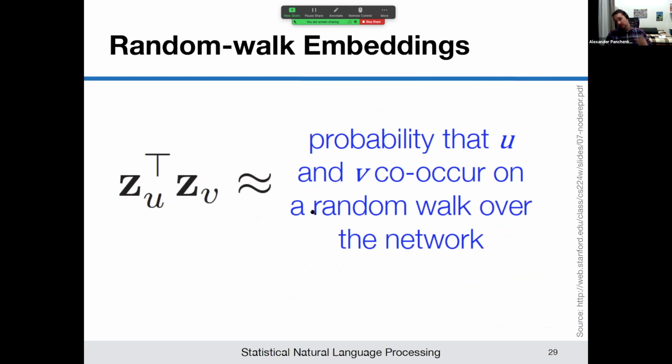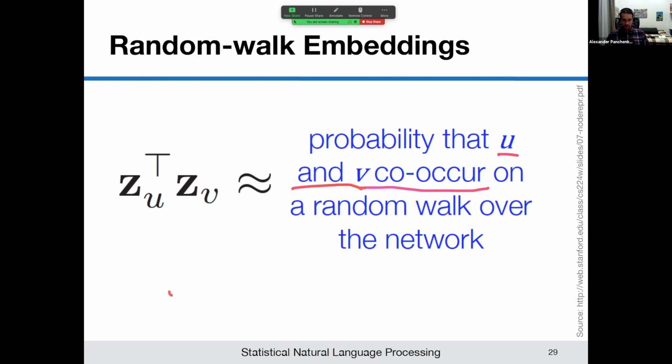And really the key observation which people proposed, and which was the key innovation, is that you can use these random walks as a notion of co-occurrence of different nodes.